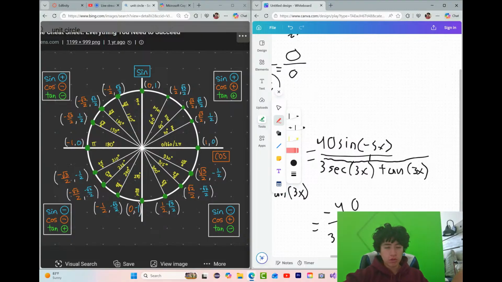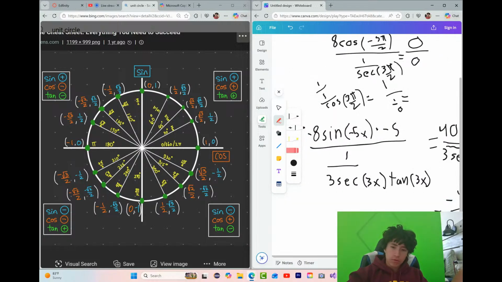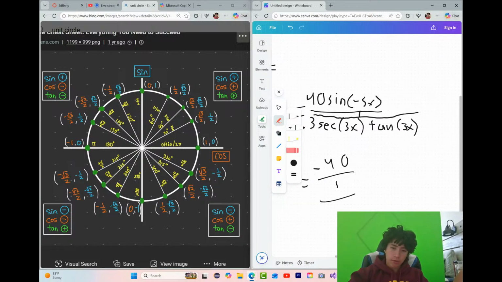Come on, dude. Don't do that. 1 over 3 times 1 over 0 plus, and tangent of 3 pi over 2 is sine of 3 pi over 2, so we have negative 1 over cosine of 3 pi over 2, which is 0.